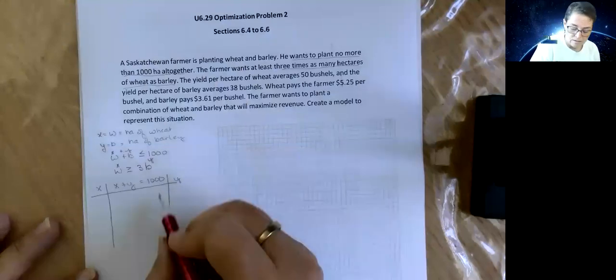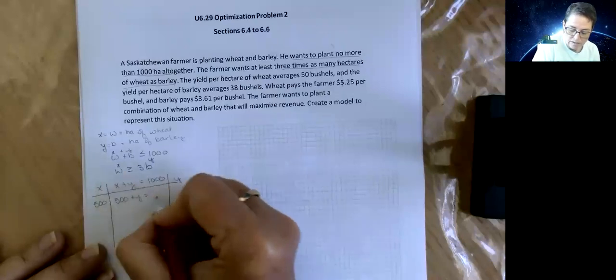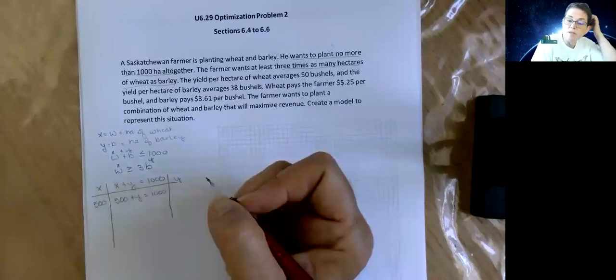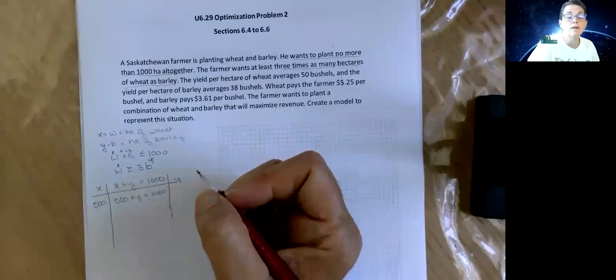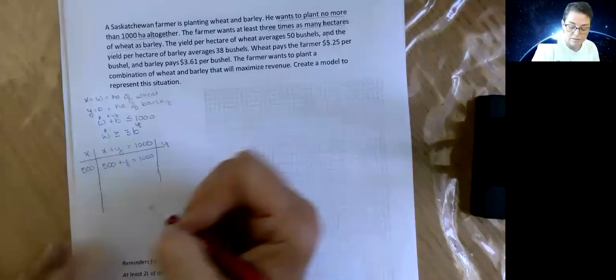Because this number is 1,000, I'm going to go like 500. So 500 plus Y equals 1,000. So when your numbers, if one of them is big, then probably the numbers you pick for X should be big too. That's just a guess.